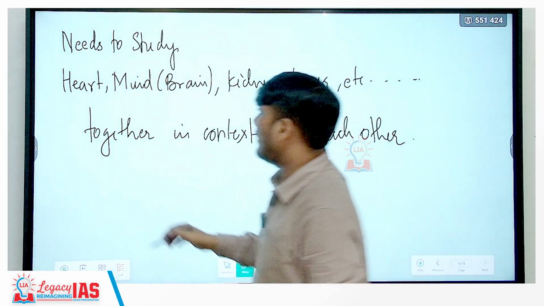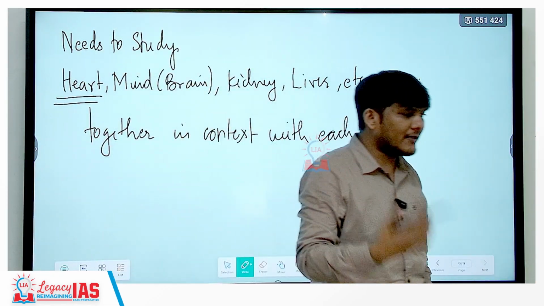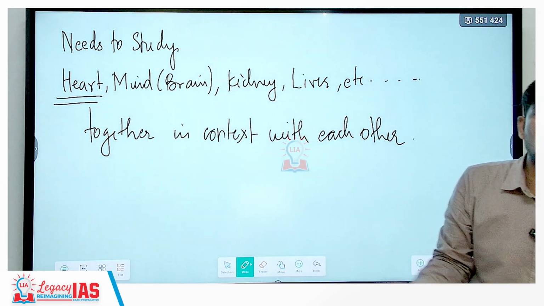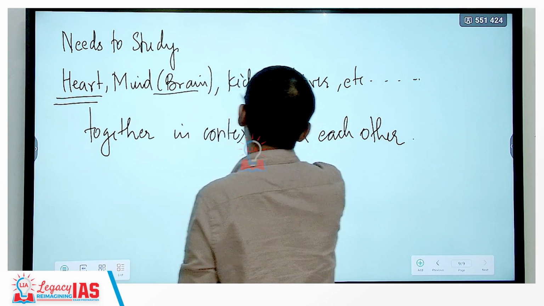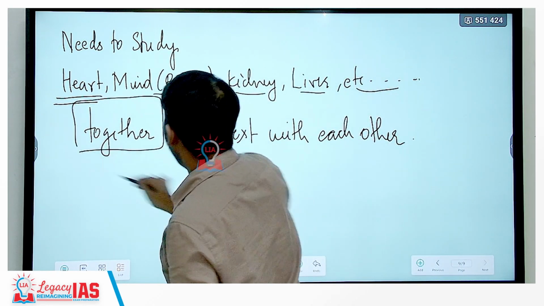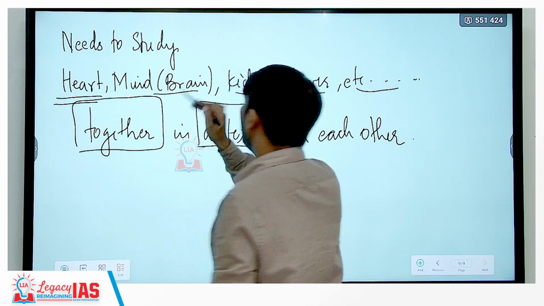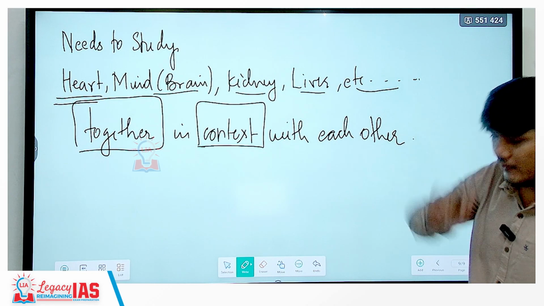Because if you are studying just the heart, it's pumping blood, but where is this blood coming from, where is it going, you're not understanding everything. Then you need to study this and other things together and in context in order to understand how the body is surviving.